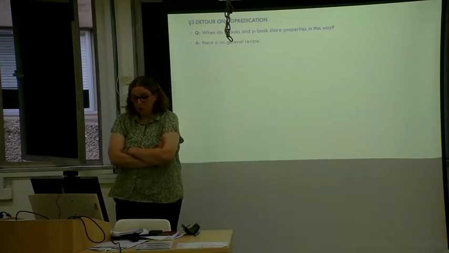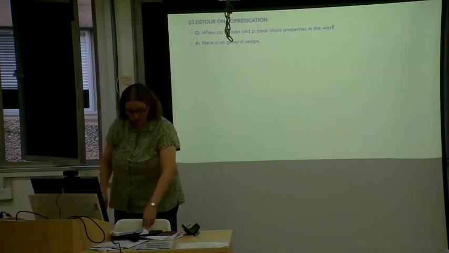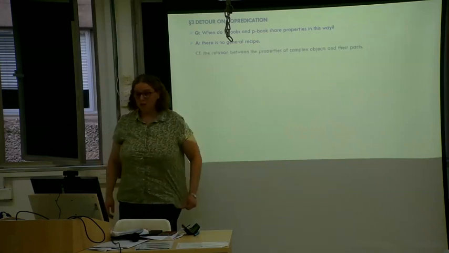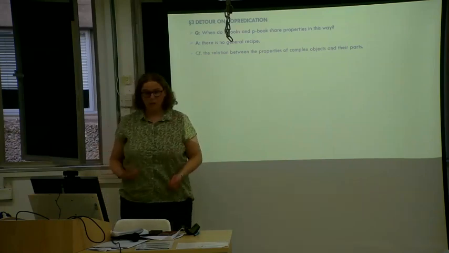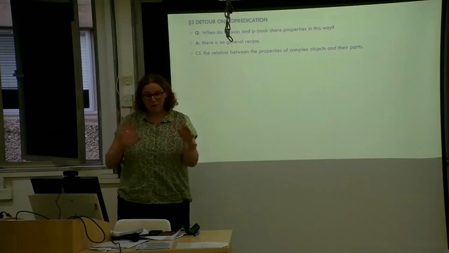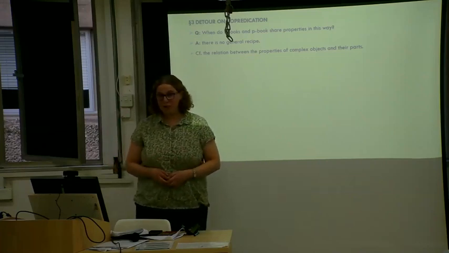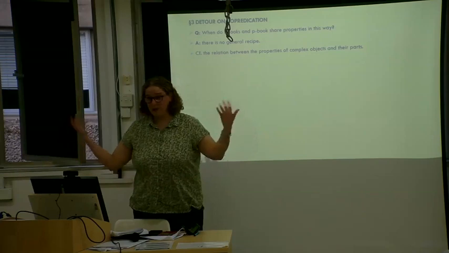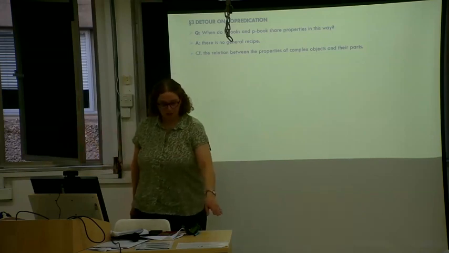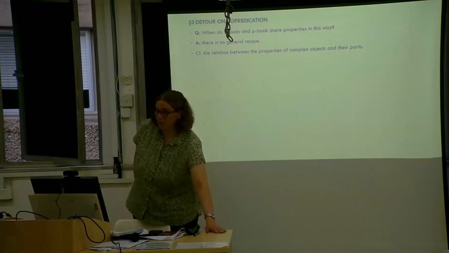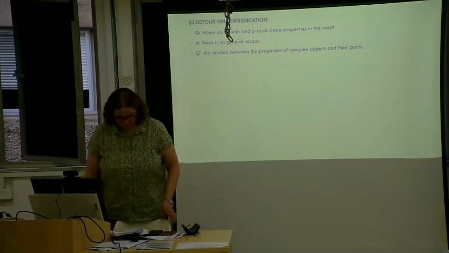It depends on which objects we're talking about and which properties we're talking about. And a good analogy here is to think about the relationship between properties of complex objects and properties of their parts, right? There's clearly a very close relationship between the two, but it's not a very systematic relationship. So for example, to be in this room, it has to be that all of my parts are in this room, but to touch this table, it's enough that just some of my parts are touching the table.